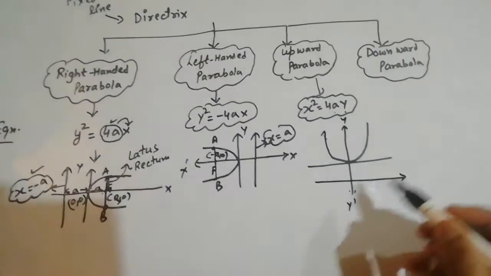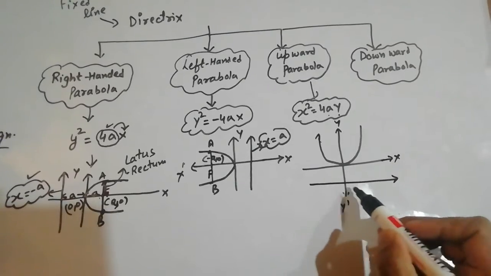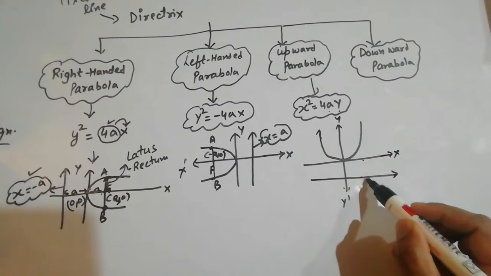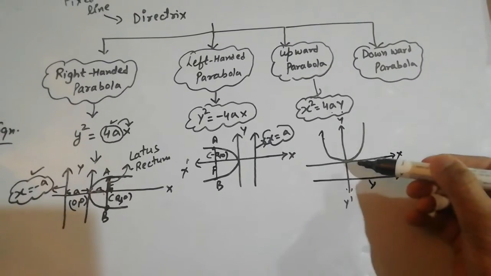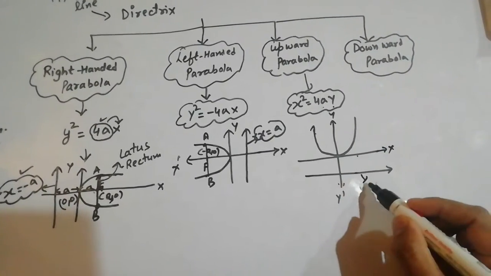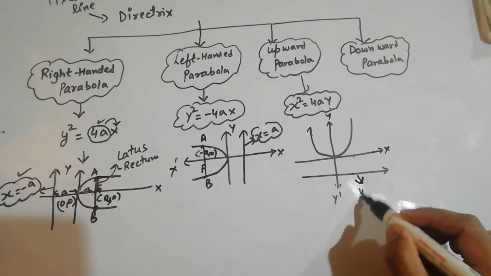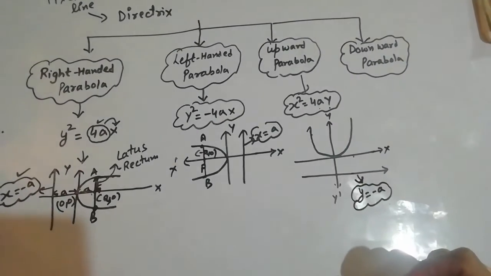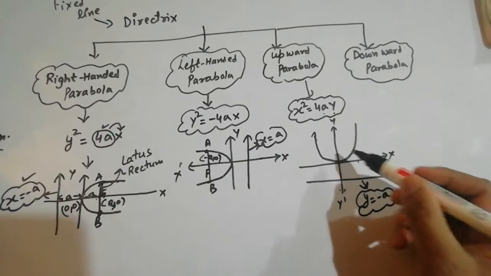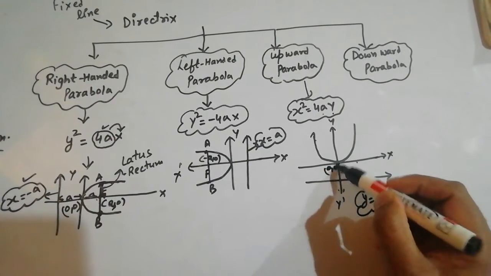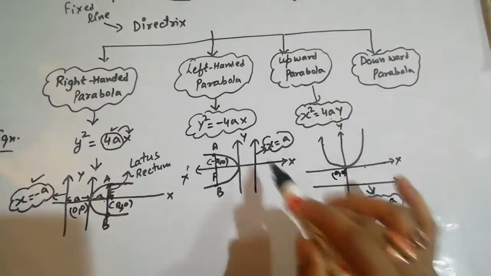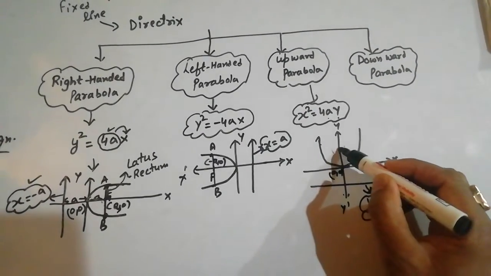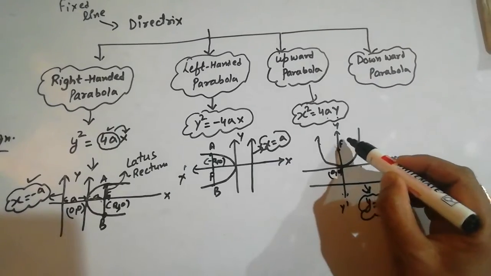Here this is the x-axis, so any line which is parallel to the x-axis is always y equal to a or minus a. As it is on the downward side, the equation of the directrix becomes y equal to minus a. And the vertex we always have to consider is (0, 0); in all four cases we consider the vertex as (0, 0). Let this be our focus. So again the focus points are here.